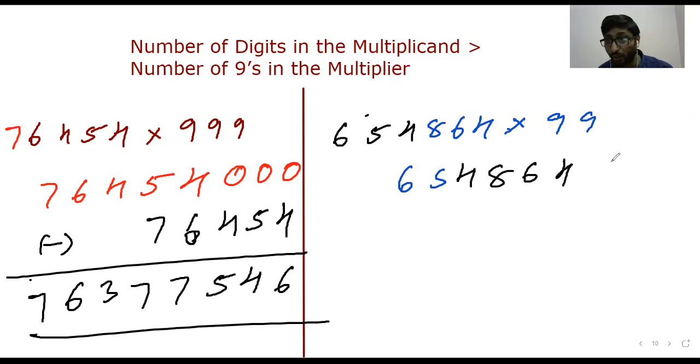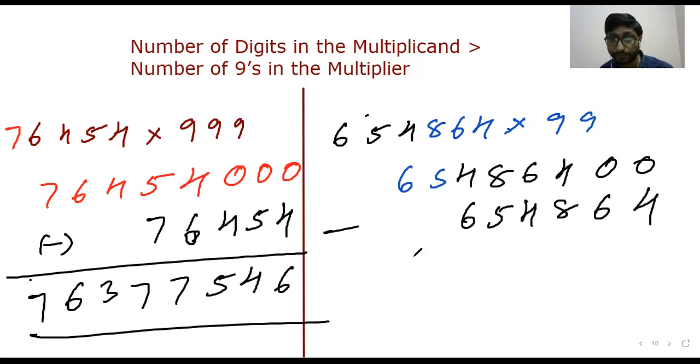So how many zeros are here? 1, 2, 3. Subtract the number 6, 5, 4, 8, 6, 4.